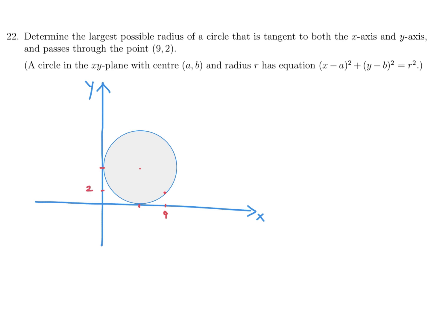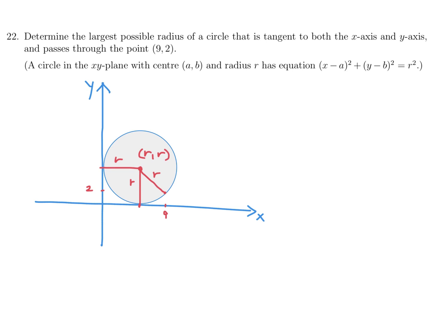Okay, so what are we trying to do in this question? Determine the largest possible radius. So here's the radius, r, here's the radius, r, and there's the radius, r. And therefore the center is (r, r).